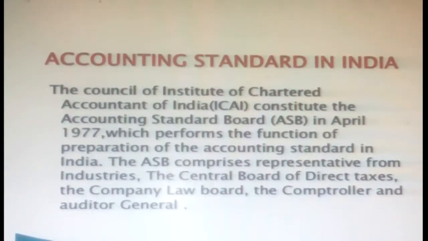The ASB comprises representatives from industries, the Central Board of Direct Taxes, CBDT, the Company Law Board, and the Comptroller and Auditor General. Who are the participants? One is the Central Board of Direct Taxes, then the Company Law Board, and the Comptroller and Auditor General. Correct. In India, the Comptroller and Auditor General audits all the government accounts. So all are together under the Accounting Standards Board. They consist of it. Correct. That is ASB.